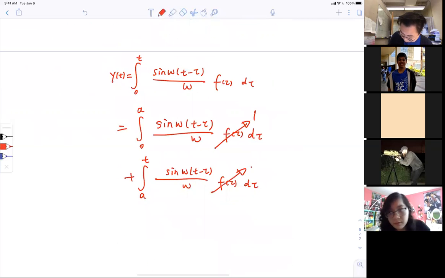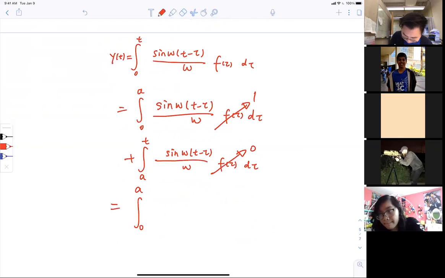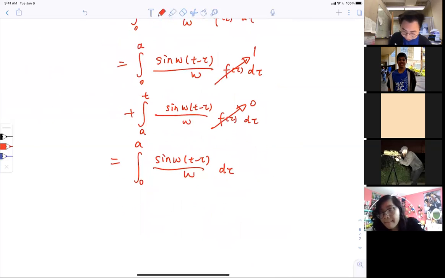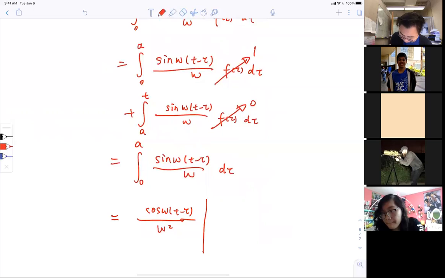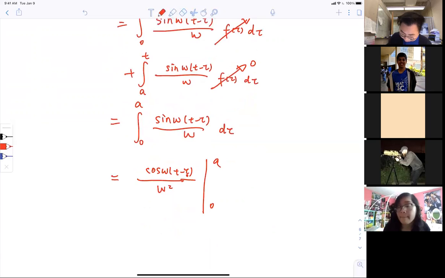So f is 0 there. And what's this? This is the integral, and remember the variable is tau instead of t.